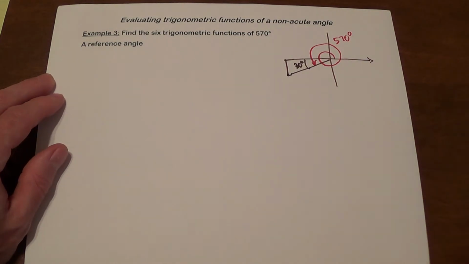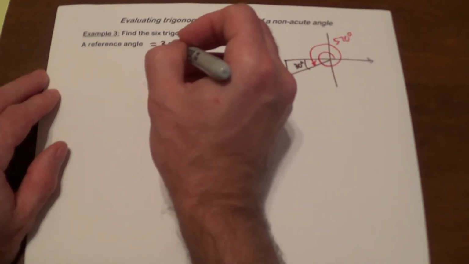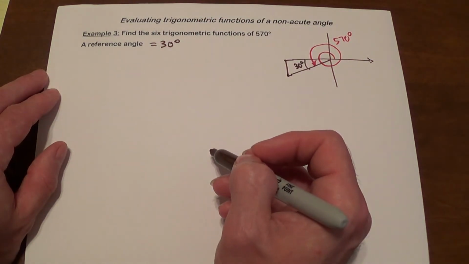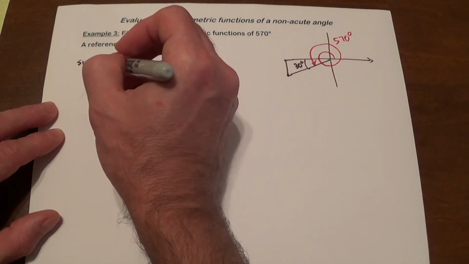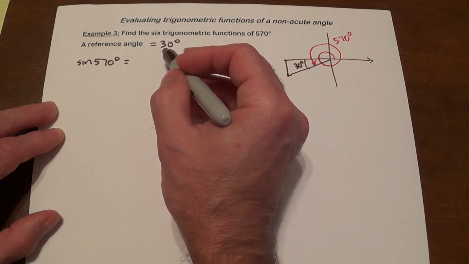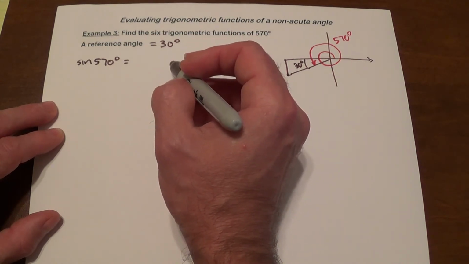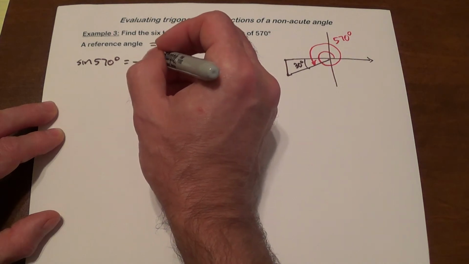And here's our right triangle associated with that, and the reference angle is going to be 30 degrees. So when we do sine of 570 degrees, we're going to rely on that value. So sine of 30 degrees is 1/2. We are in quadrant 3, sine there is negative, so it's going to be negative 1/2.